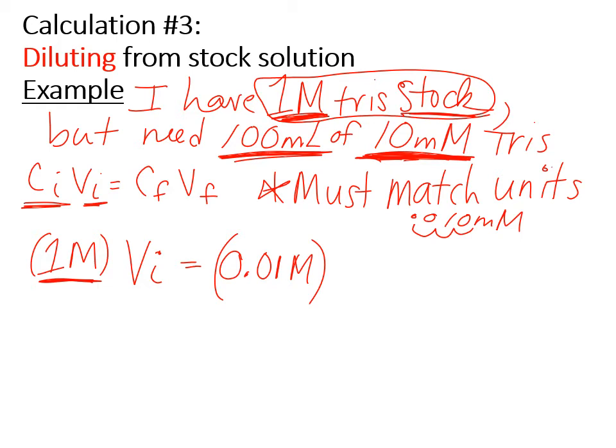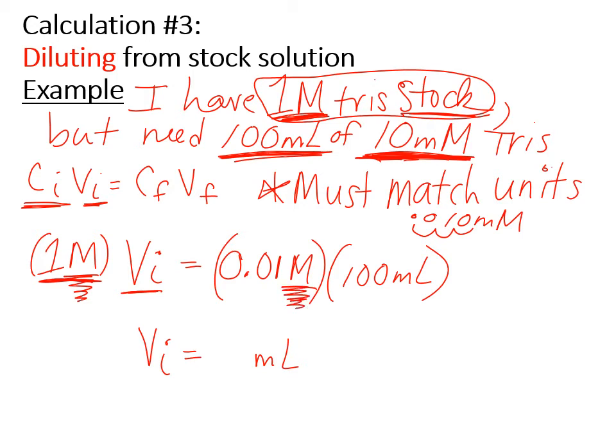And since we don't have any unit yet for our VI, we can simply write 100 milliliters as our final volume. And what that tells us is when you solve for your VI, the final unit will be in milliliters because the left units, for instance, capital M, and the right units, capital M, have to match up.